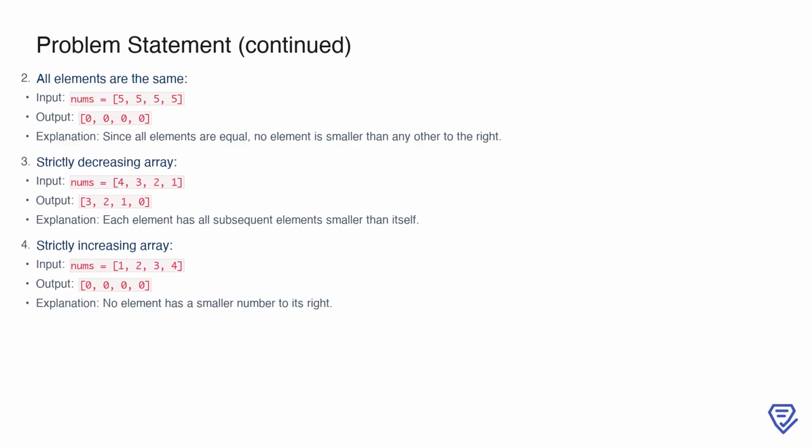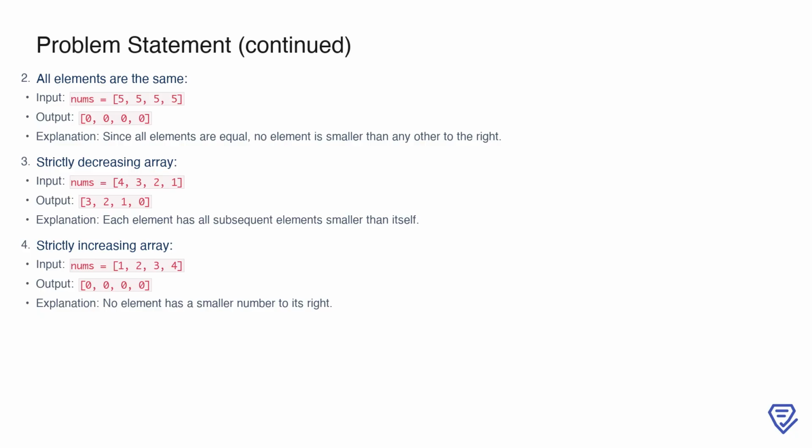For a single element array like nums equals 1, the output is 0, because there are no elements to the right of the single value. If all elements in the array are identical, such as nums equals 5, 5, 5, 5, the output will be 0, 0, 0, 0, since no element is smaller than any other.